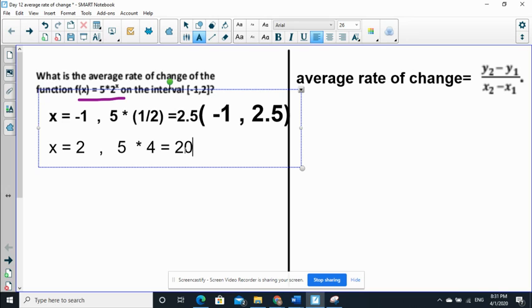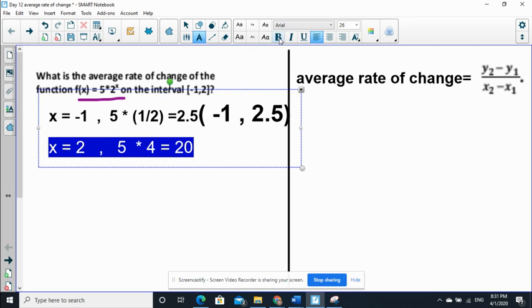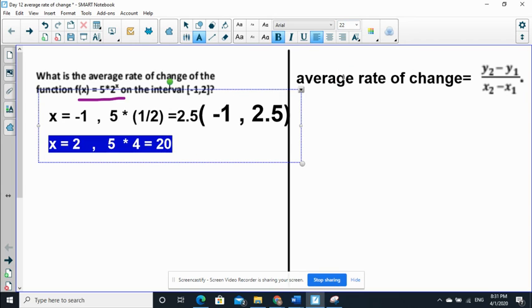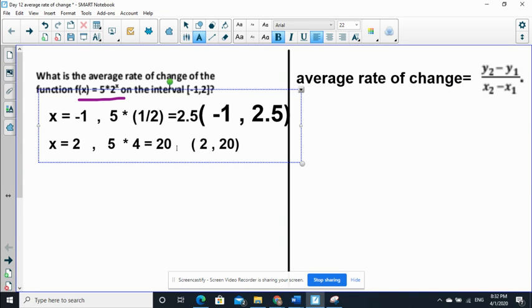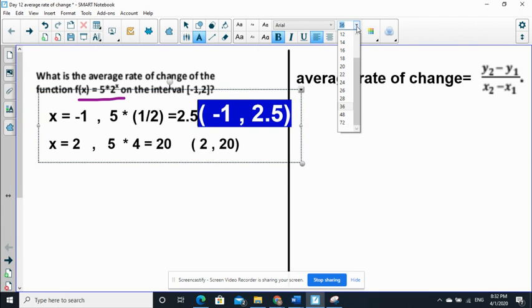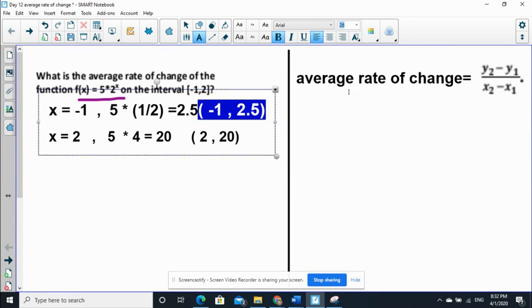Okay? So when we plug in x equals 2, y equals 20, and this is the value of the function at this point. So the second point will be (2, 20). When we plug in x = 2, we got 20. And when we plug in x = -1, we got 2.5. Is it okay now? So we have 2 points. We will use these 2 points to find the average rate of change.